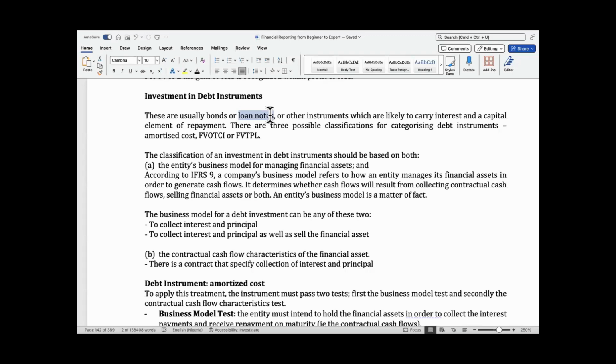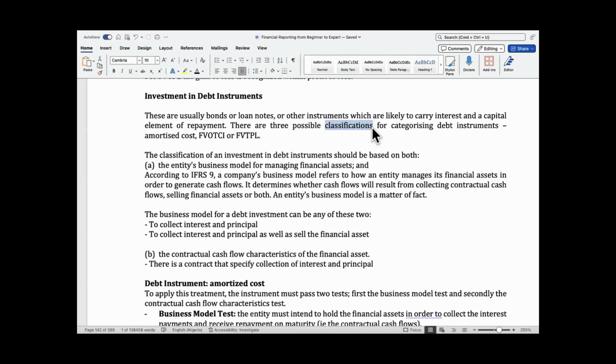So again, similar to what we learned under equity, you would really need to understand first how you're going to classify these debt investments, because there is more than one way of classifying them. And this classification is coming up because there are several reasons why somebody will have bought shares or debts.